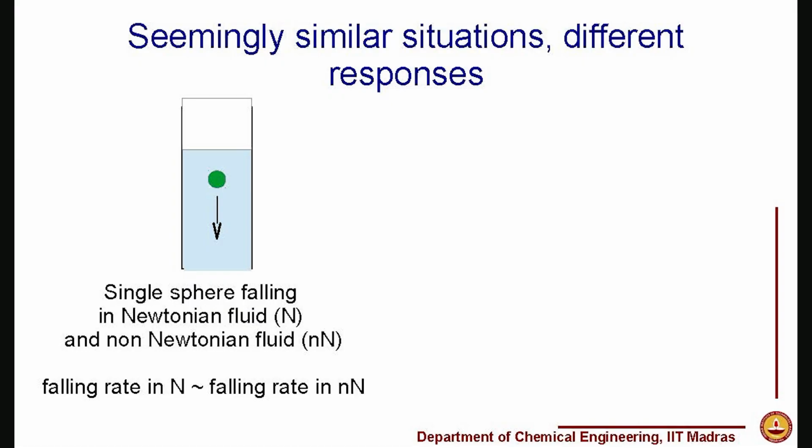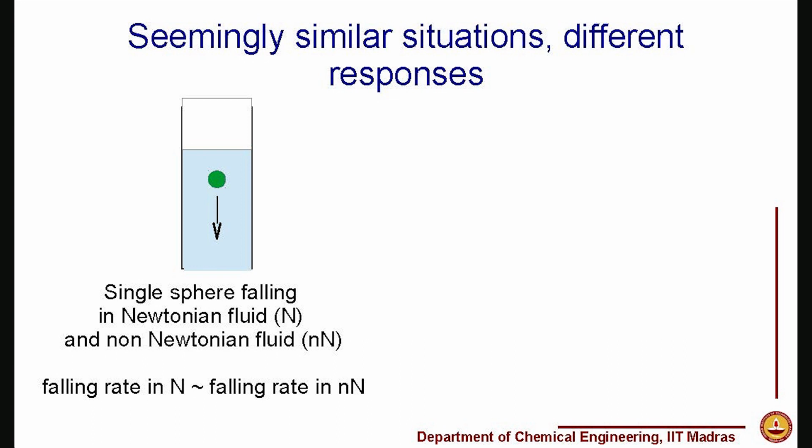And let us consider that for this single sphere, there are two cases, one in which the sphere is falling in a Newtonian fluid, and then compare the response with the non-Newtonian fluid. And what we can see is if the viscosities of the Newtonian and non-Newtonian fluids are similar, then the falling rate in Newtonian fluid will be similar to the falling rate in non-Newtonian fluid.